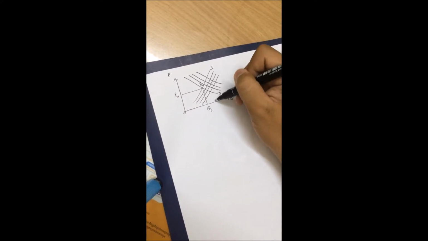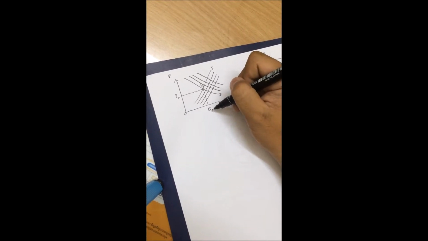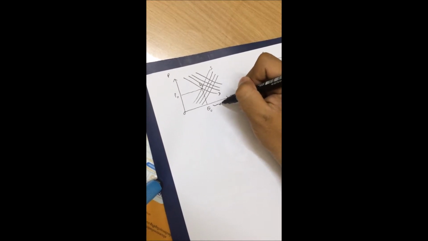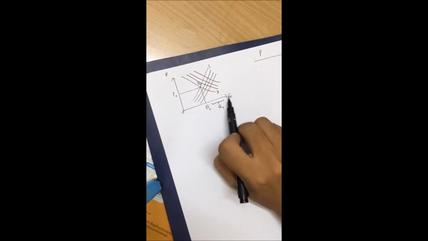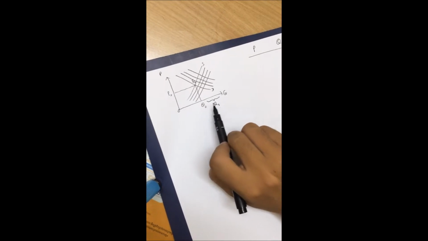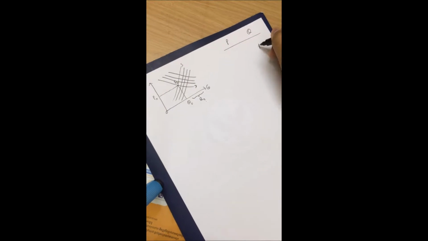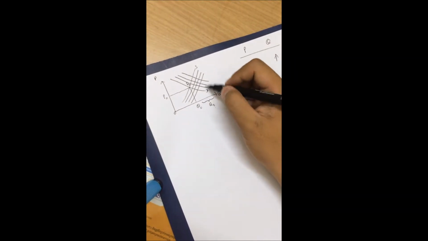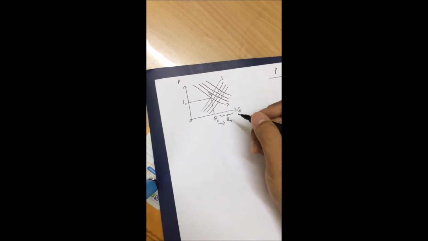When you drop it down the line, you will see that it is bigger than Q0. It means that it is somewhere here, Q something. It's all in front of here, so it means that the Q always increases. If you compare that, you can just see that it is increasing.